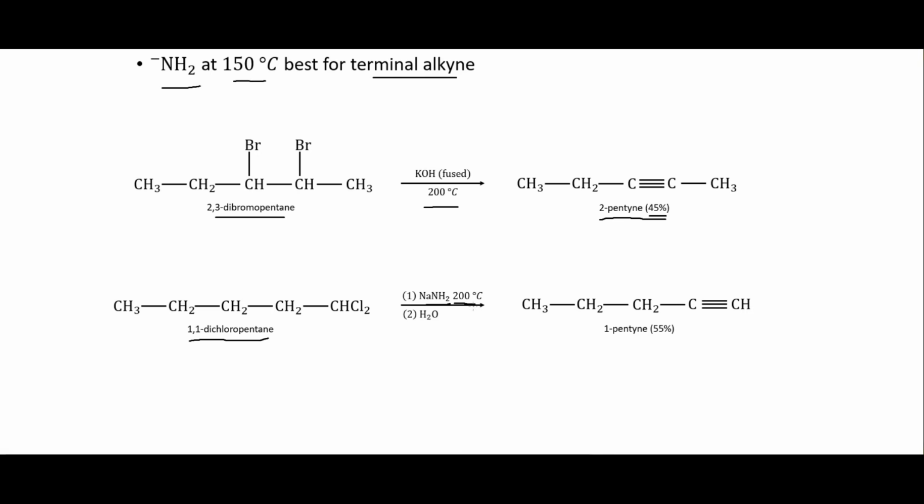This would actually be at 150 degrees Celsius right there. Then the second step, we add this water right here, and so we end up with this terminal alkyne right here, such as the 1-pentyne. So that's a 55% yield right there.